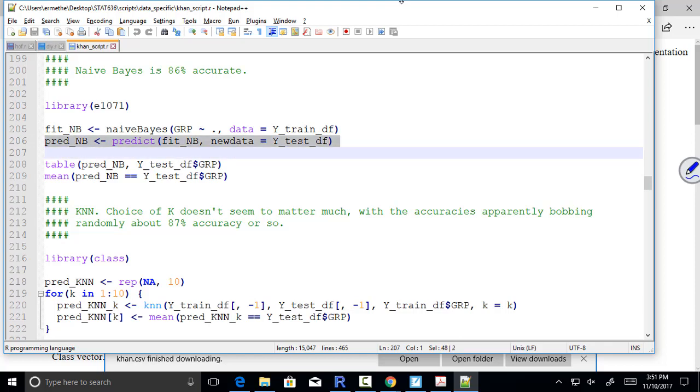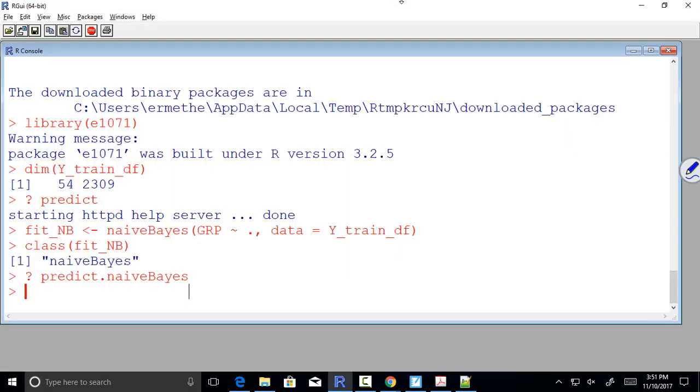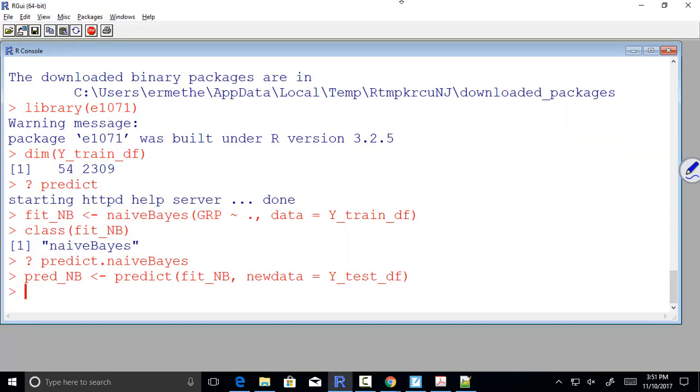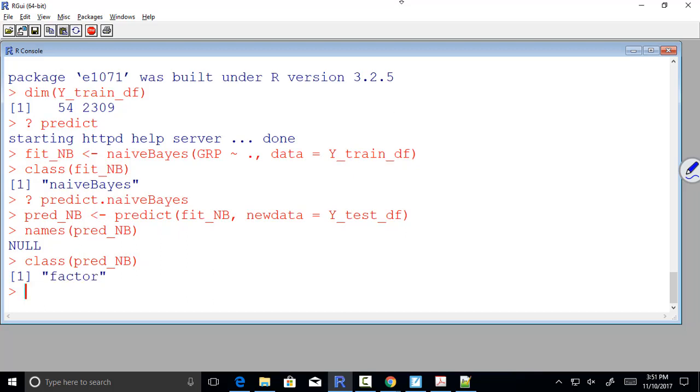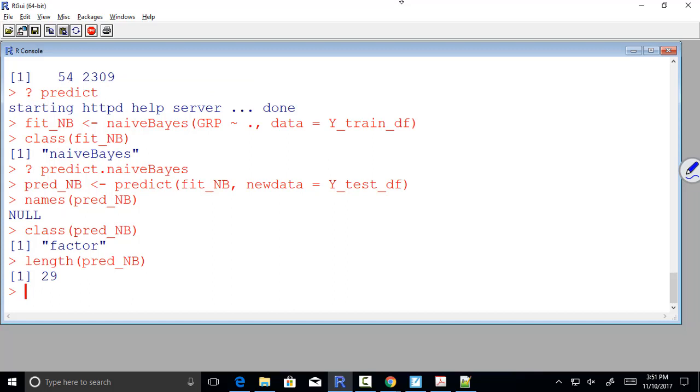So if I say this command, what I have is a separate prediction for every test individual.